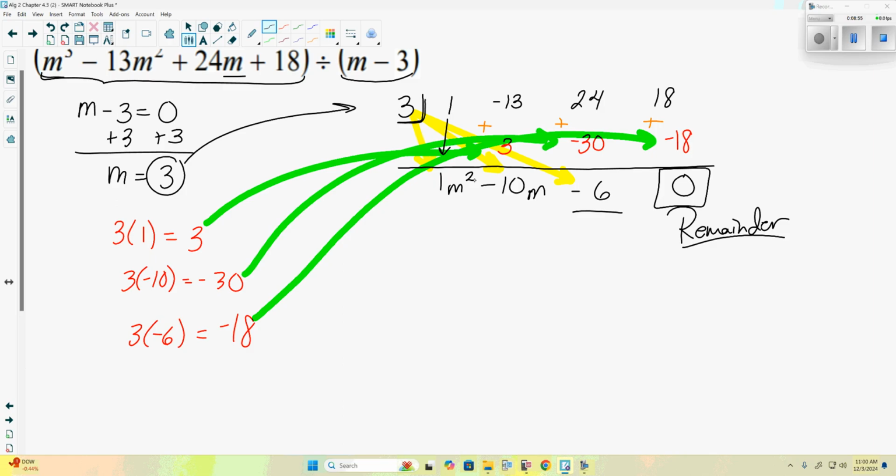And what this tells us is that our final answer is m squared minus 10m minus 6. And that's it.